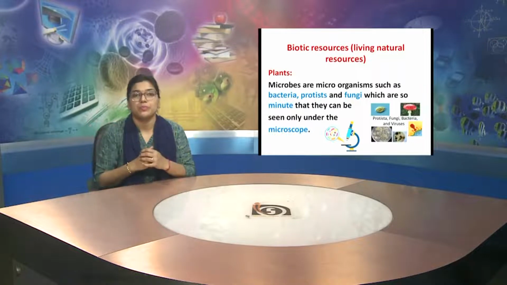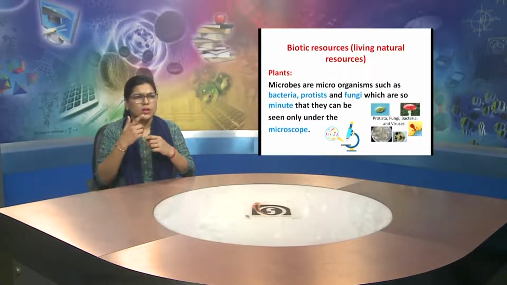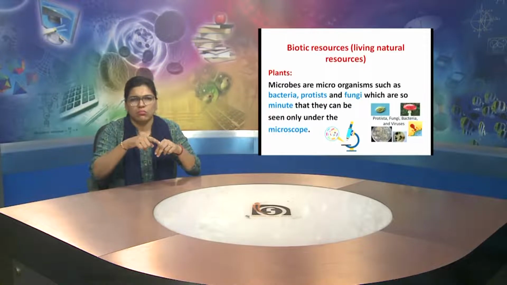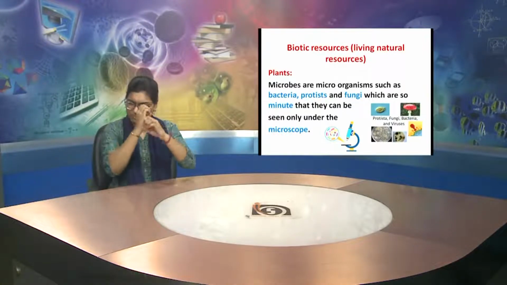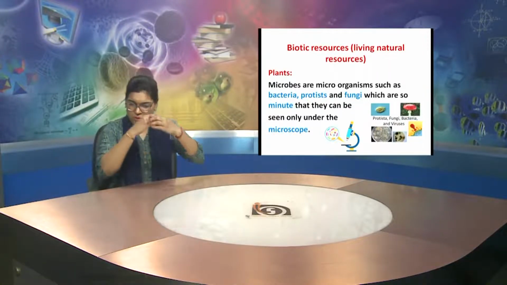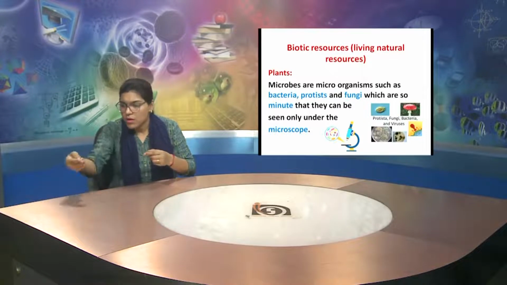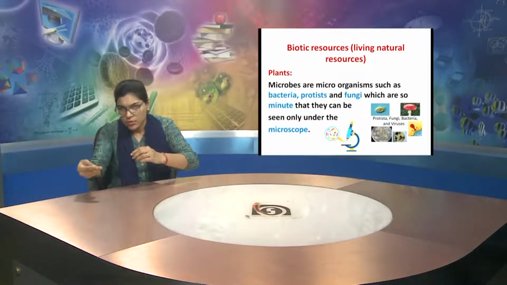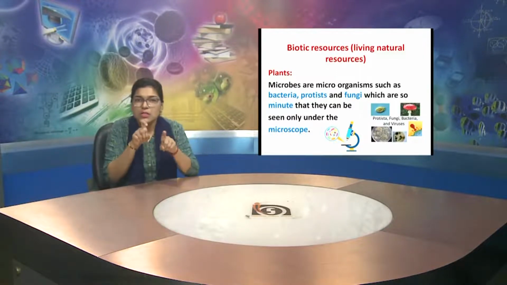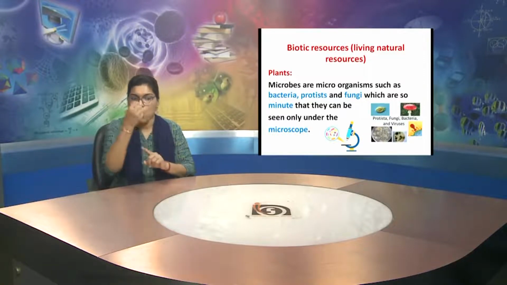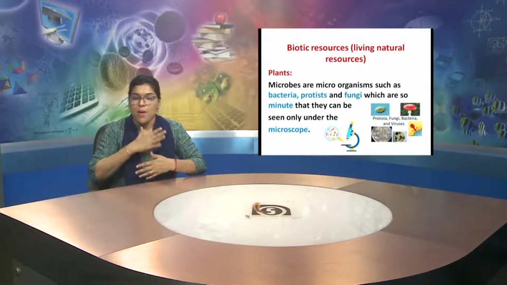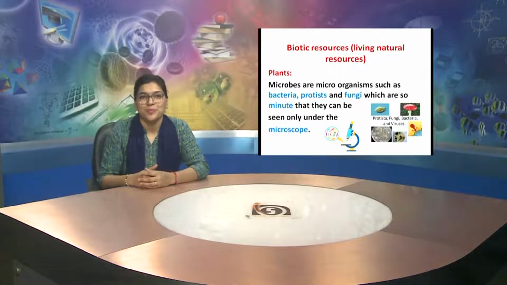These are so minute that we cannot see them with our naked eyes, and they can be seen only under the microscope. So we put this slide in the microscope, and if we look through it, we can see the microorganisms.